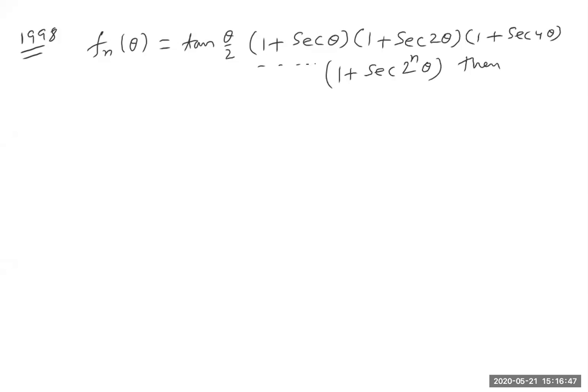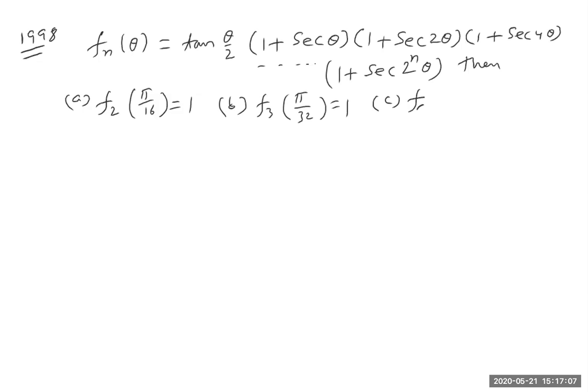Option A, f of pi by 16 is equal to 1. Option B, f of pi by 32 is equal to 1. Option C, f of pi by 64 is equal to 1. And option D is f of pi by 128 is equal to 1. Out of these, you have to check which of the options are correct and which are wrong.